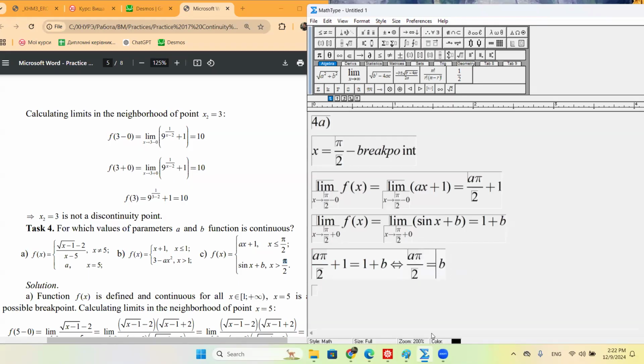Maybe express something. Well, basically we can have an infinite number of values that a and b can have in such a case.